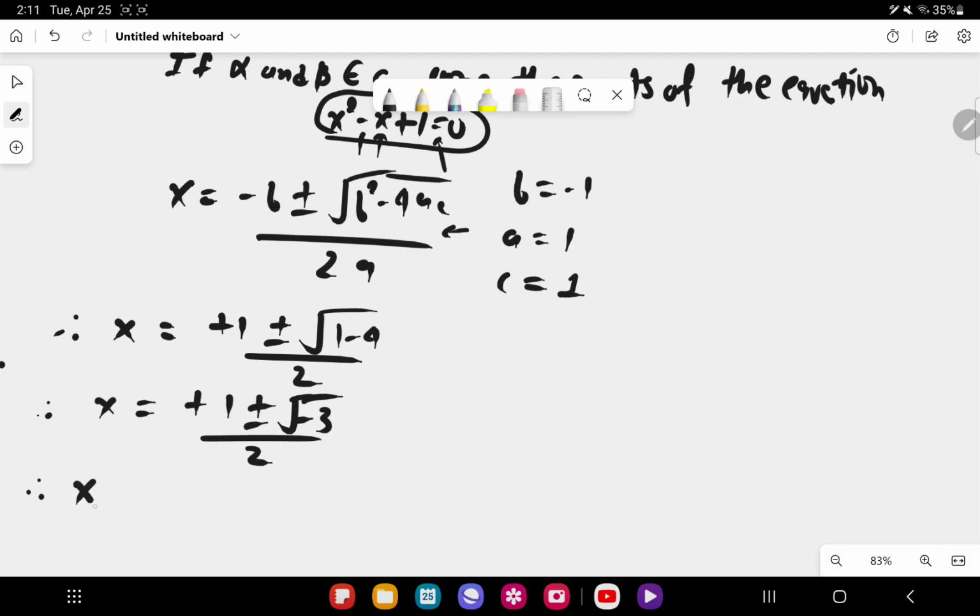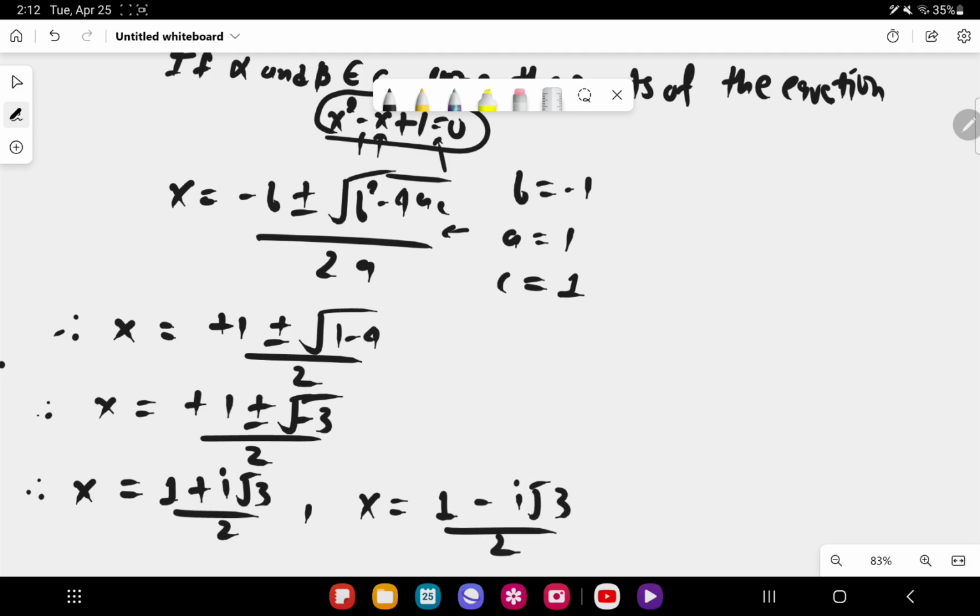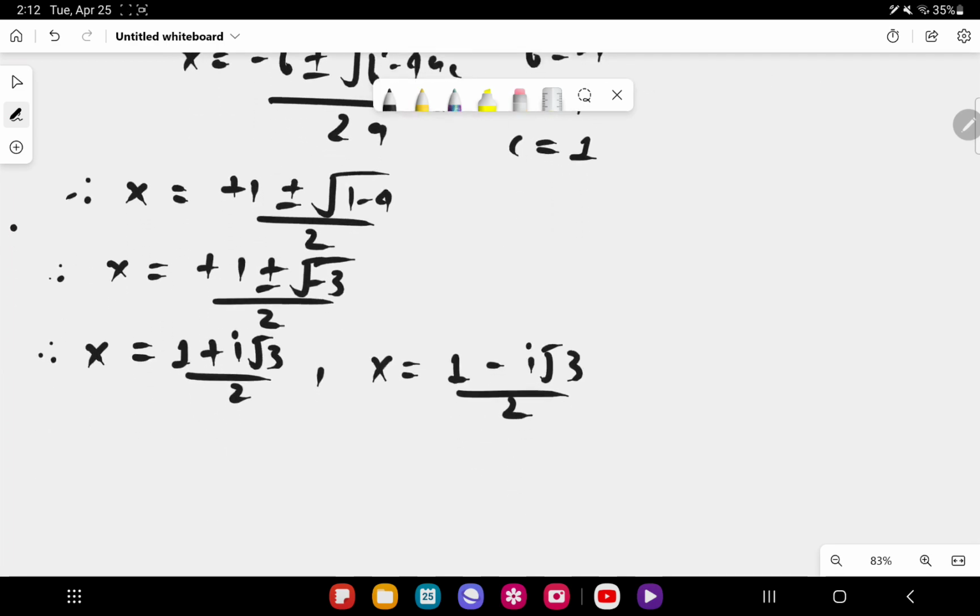So one root is x is equal to 1 plus i root 3 over 2, and the other root is x is equal to 1 minus i root 3 over 2.